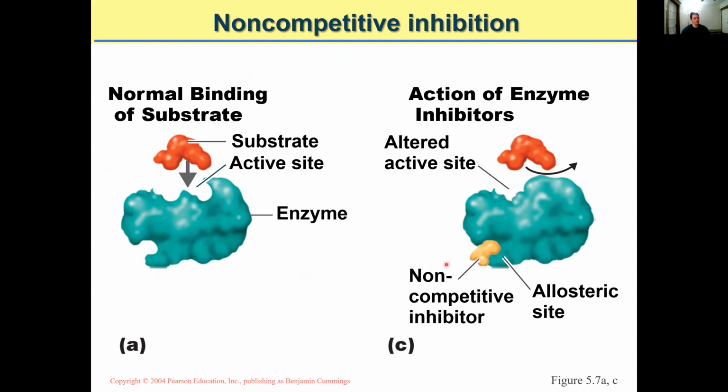And here you can see the non-competitive inhibitor binding to another site called the allosteric site, which then alters the active site of the enzyme and prevents the substrate from binding. Again, this reaction can be either reversible or irreversible, depending on whether the active site can return to its original shape or not.